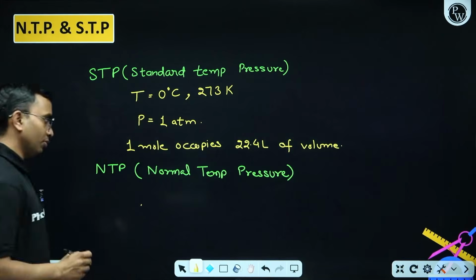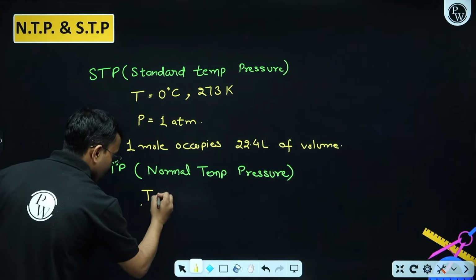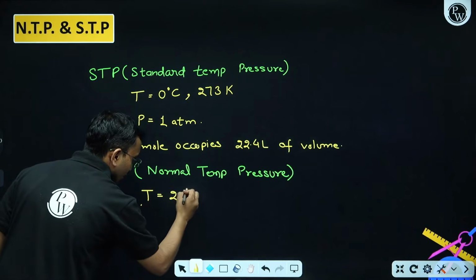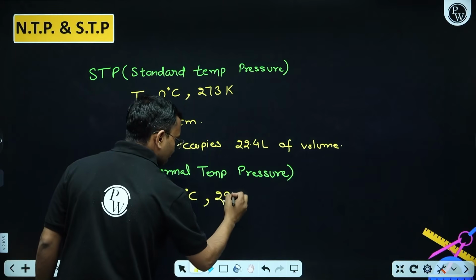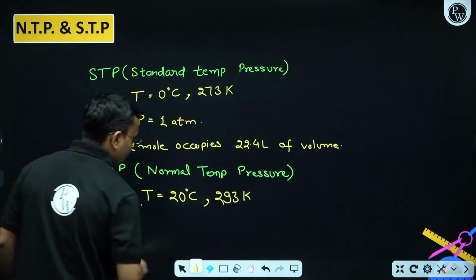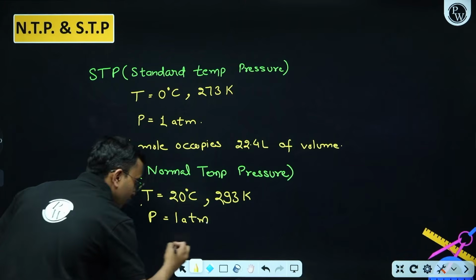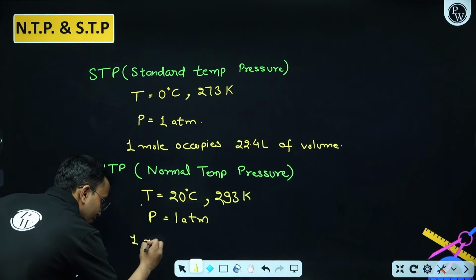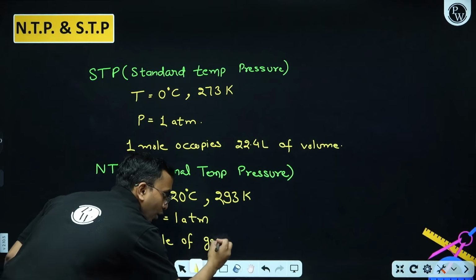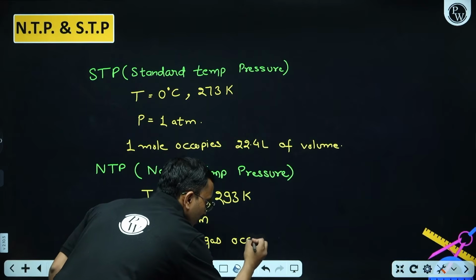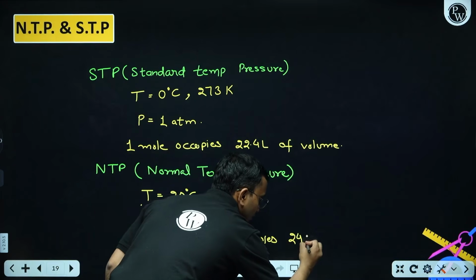Normal temperature pressure means here the temperature is 20 degrees Celsius, or 293 Kelvin. The pressure is 1 atm only. Here 1 mole of gas occupies 24 liters of volume.